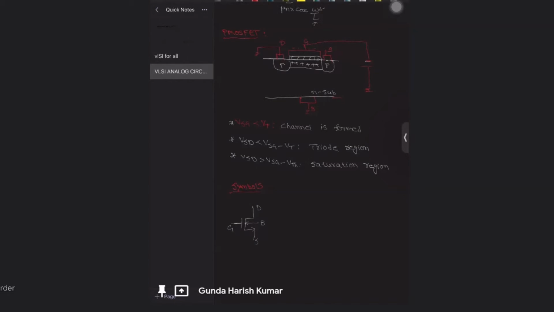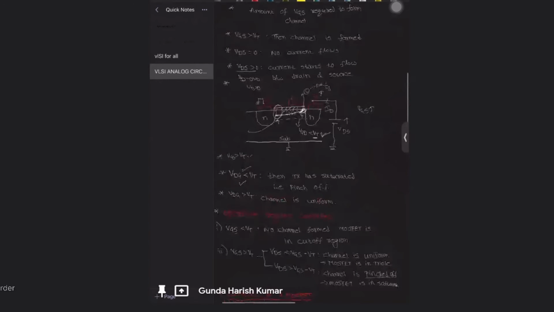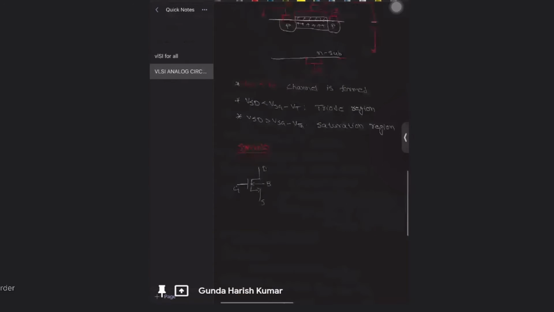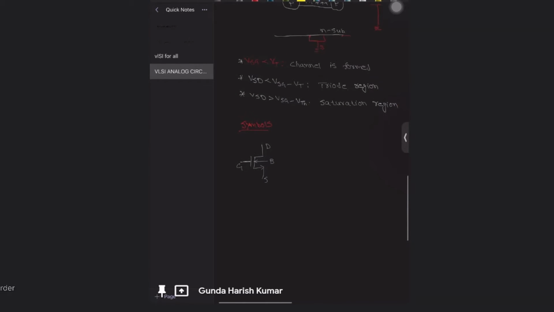And generally in an N-type MOSFET, the body is connected to the lowest potential in the circuit because here there is a diode between P and N. If you apply a voltage here, these diodes might turn on. That will lead to a short circuit path between the ground and the drain current. So generally what people do is connect the body to the lowest potential in the circuit. That might be a ground or something.